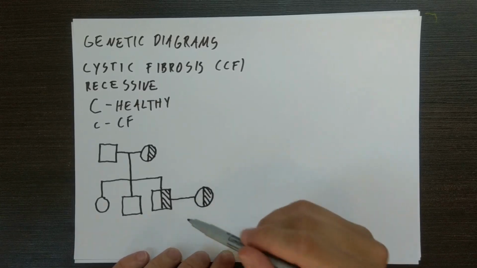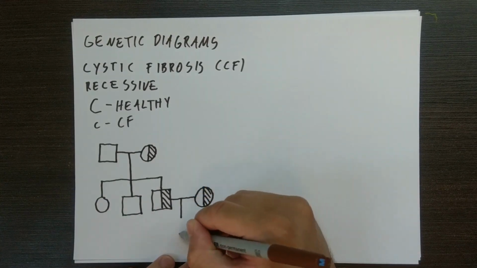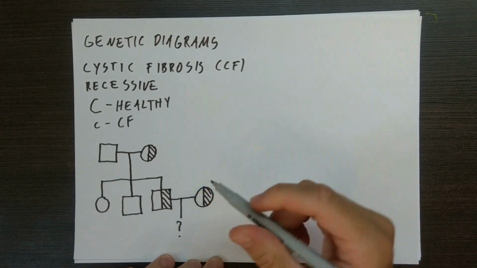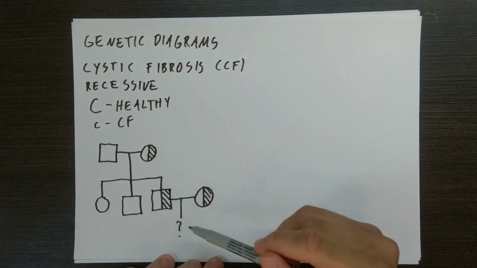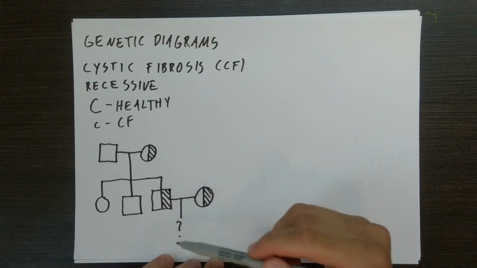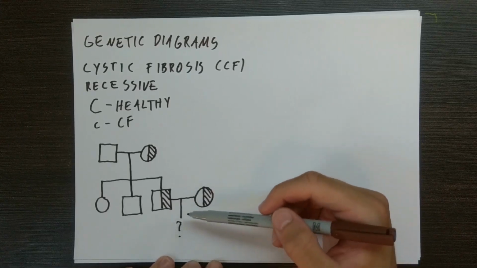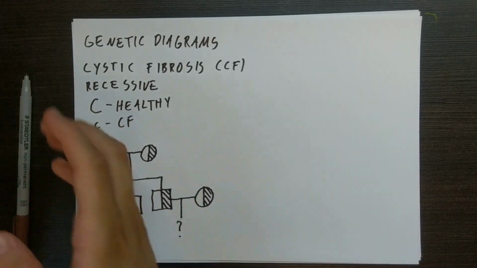None of them actually experience symptoms. So the question is this. What alleles will their offspring carry, and what is the risk that their offspring will actually have the disease? What's the risk that their kids, unfortunately, may have cystic fibrosis?